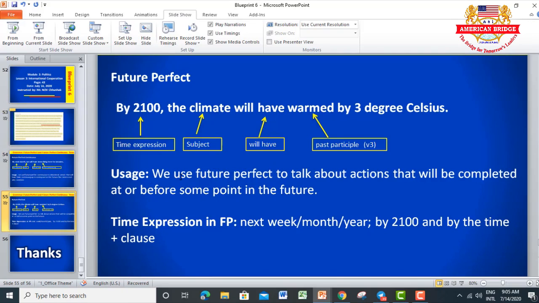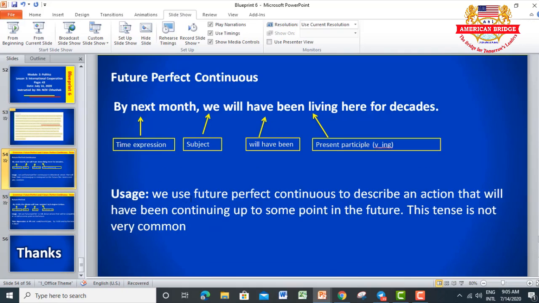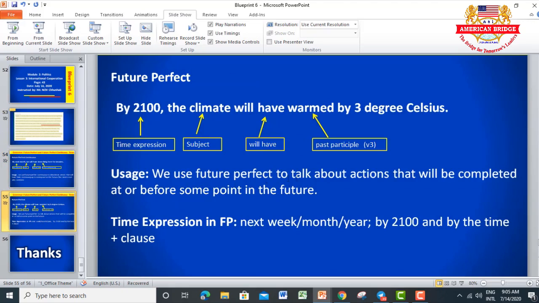If you compare them, the future perfect continuous describes an action that will have been continuing up to some point in the future, and the future perfect talks about an action that will be completed at or before some point in the future.